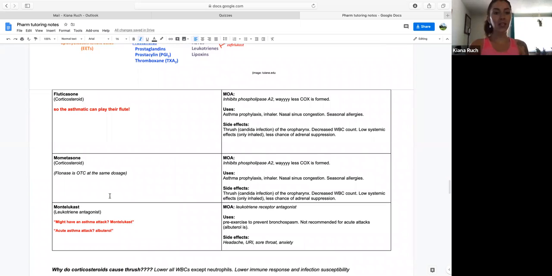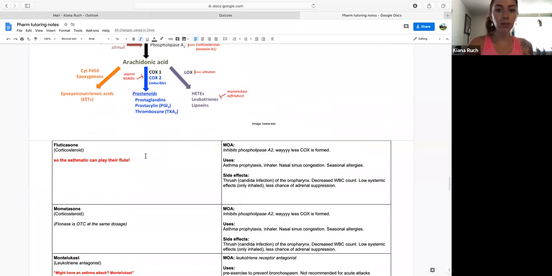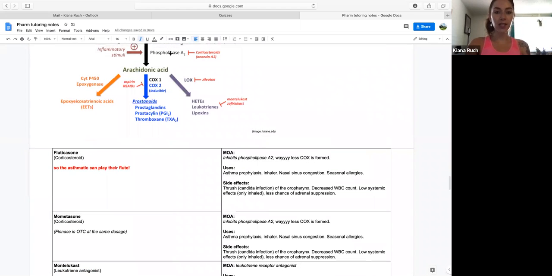All right, so only a few drugs to learn here for eicosanoids. The first one is Fluticasone. This is a corticosteroid. And if we scroll up, we'll see that corticosteroids inhibit phospholipase A2. So that's their mechanism of action. And because of that, they're going to make a lot less COX-1 and COX-2 downstream. So this drug can be used as asthma prophylaxis as an inhaler, and it's also used in nasal sinus congestion during seasonal allergies.